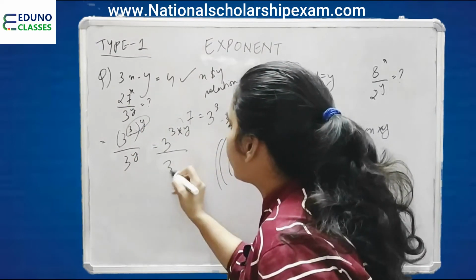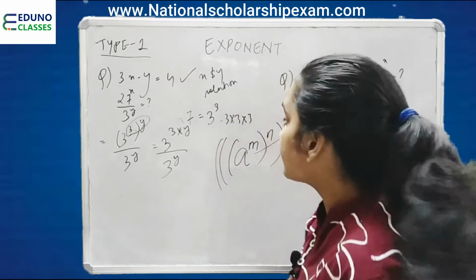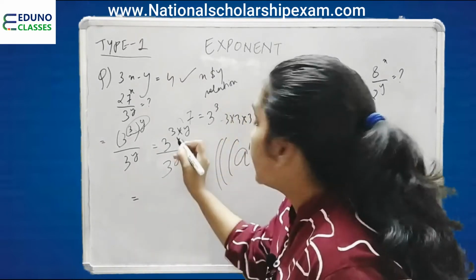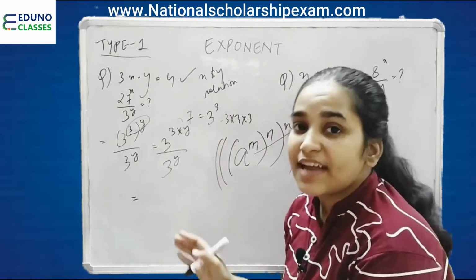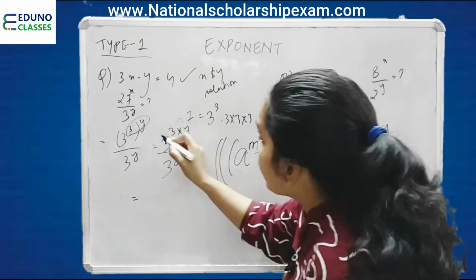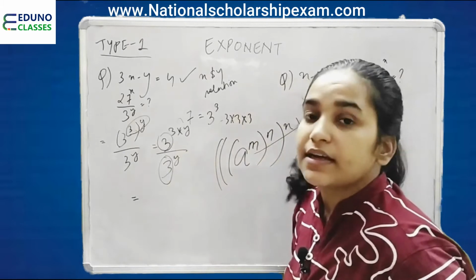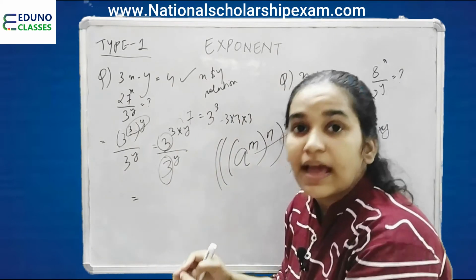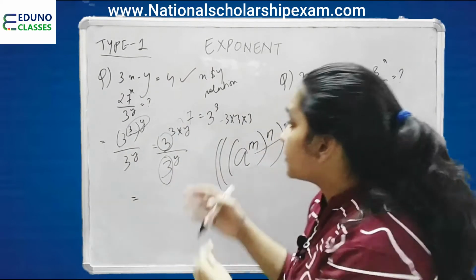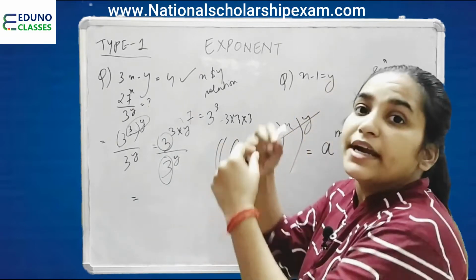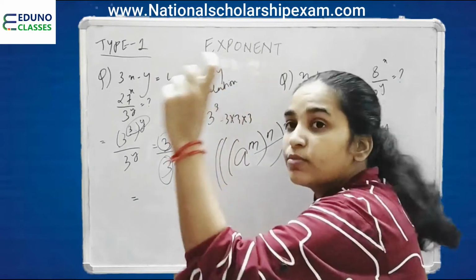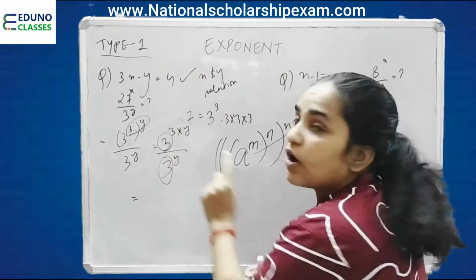Now we already have 3 power y in our denominator, right? So when the bases are the same, this 3 being our base here, and they are in division, then the exponent becomes numerator exponent minus denominator exponent.